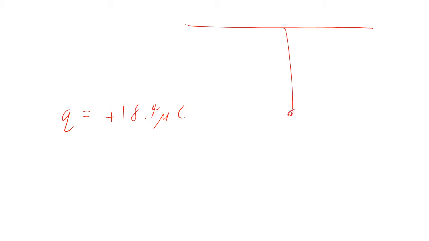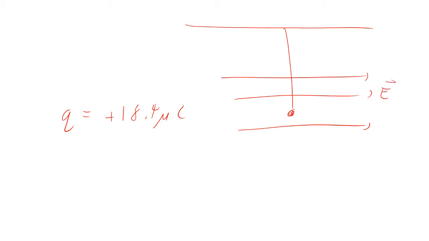Okay, now, the important thing here was that the charge, Q, was a positive 18.4 microcoulombs. So, as it was hanging here, when I put the electric field this way, the force was that way and it swung to the right. Okay.